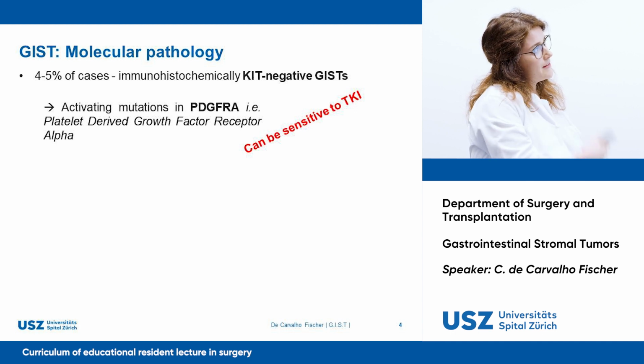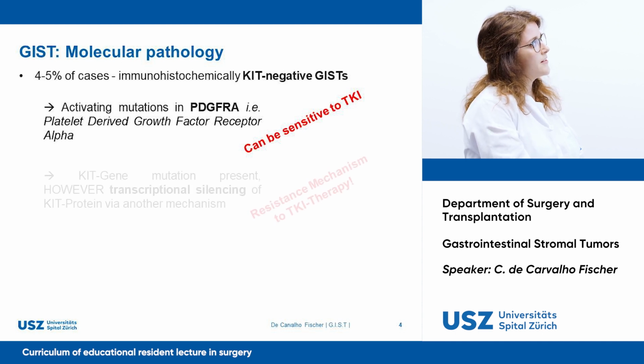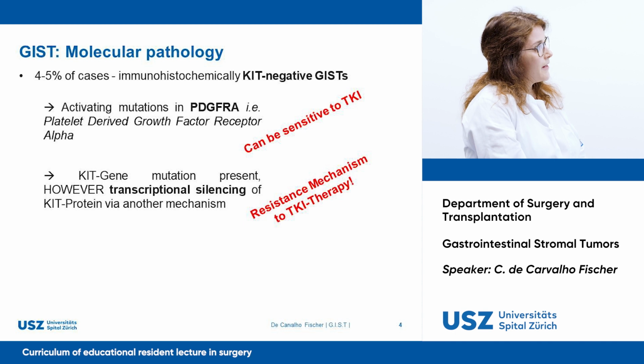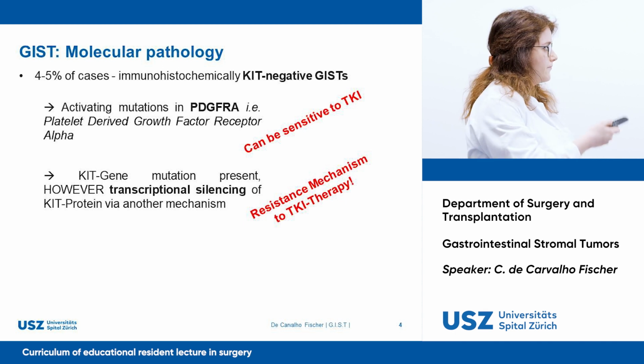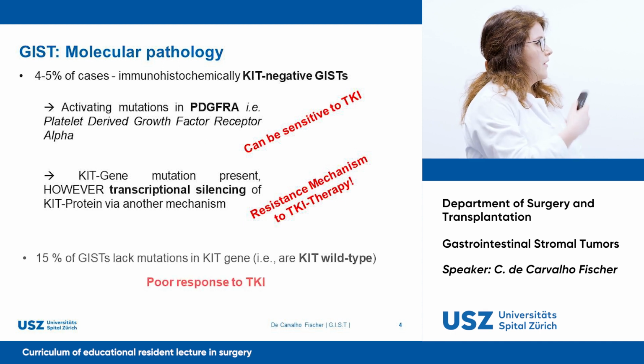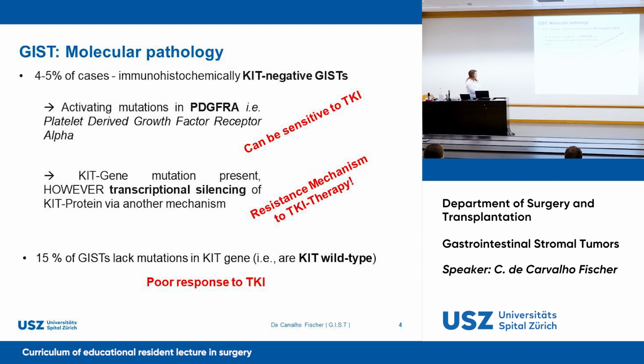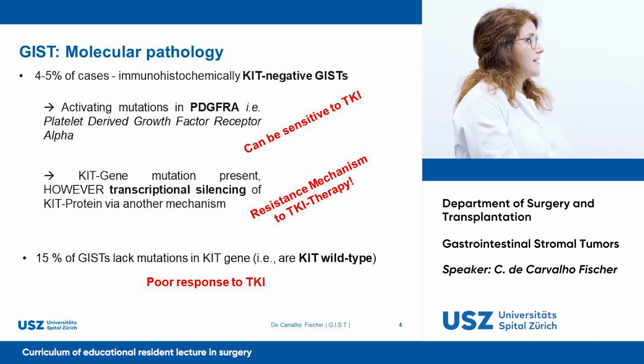Interestingly enough, these GISTs are often also sensitive to tyrosine kinase inhibitors. And sometimes there is transcriptional silencing of the KIT receptor protein via another mechanism. So in 15% of cases, GISTs lack a mutation in the KIT receptor gene at all. These are wild-type tumors and are often not responsive to tyrosine kinase inhibitors.